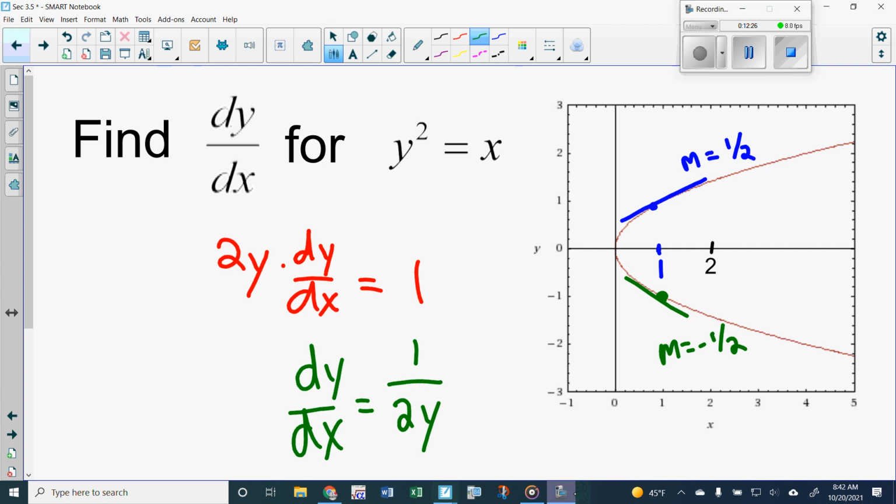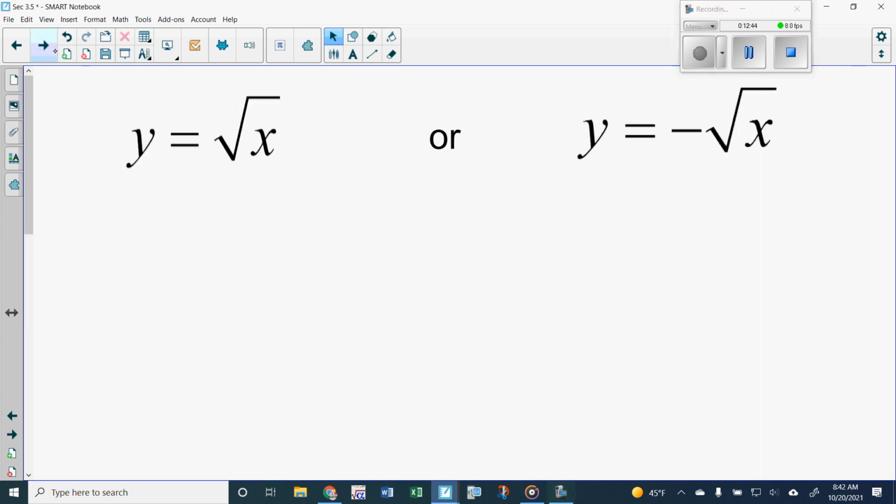Now, we could get the same thing by actually solving this equation for y. This is one that we could solve. So if I solve this equation for y, I take the square root of both sides, but anytime you take the square root of an equation, you need to deal with plus and minus. So I would get those two equations.